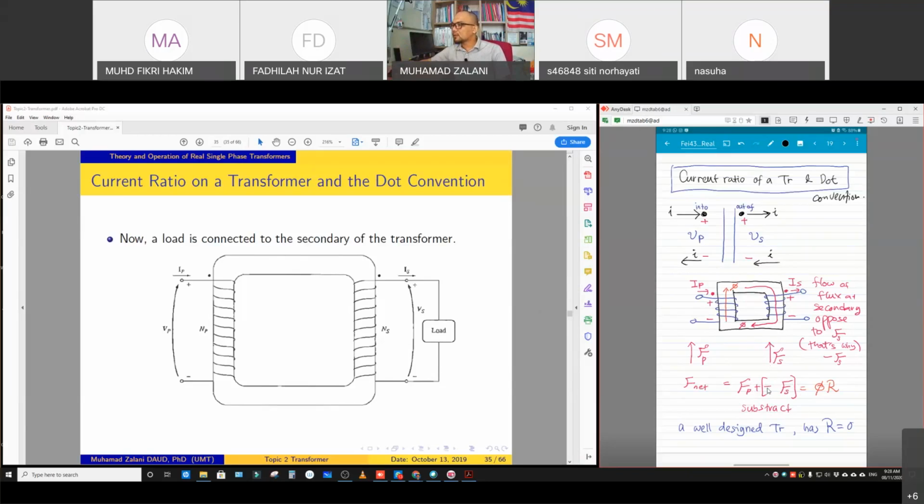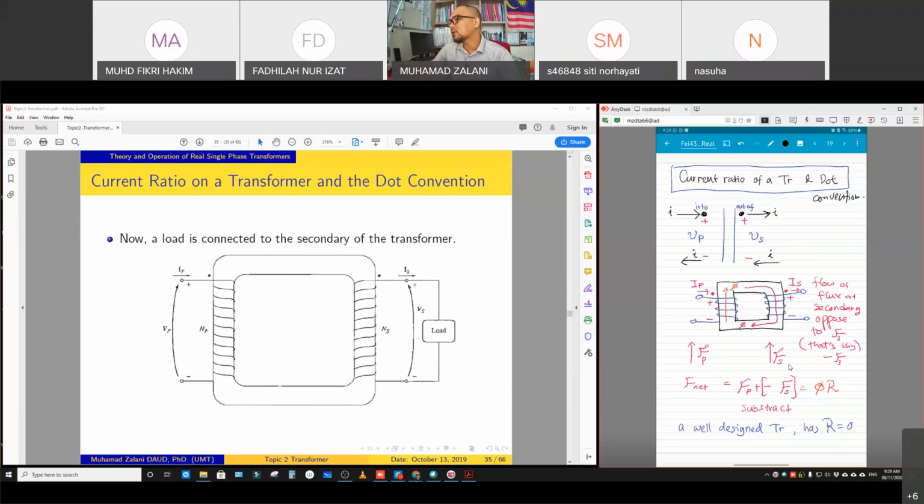So Fp plus negative Fs equals to phi R. So this is the normal equation of the magnetic circuit, F equals to phi R. But for this case, Fp plus negative Fs.